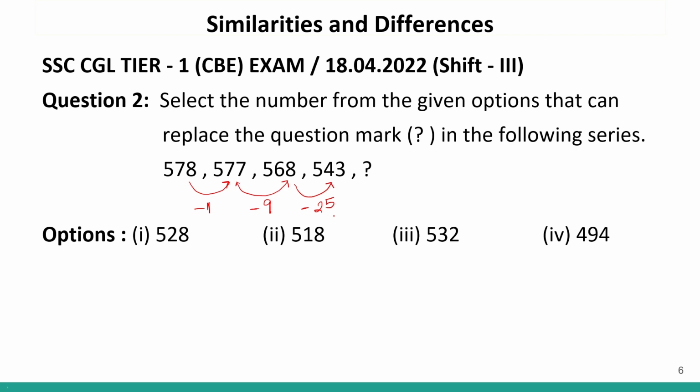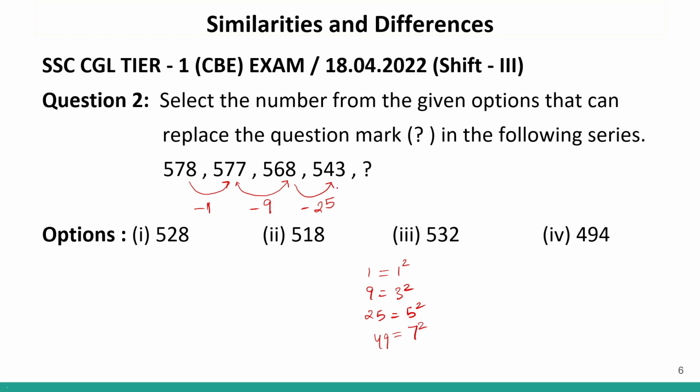So if I look at these numbers, 1 can be written as 1 square, 9 can be written as 3 square, and 25 can be written as 5 square. So I told you the concept of squaring, right? I can see that we are increasing in odd numbers. So the next term will be 7 square, which is 49.